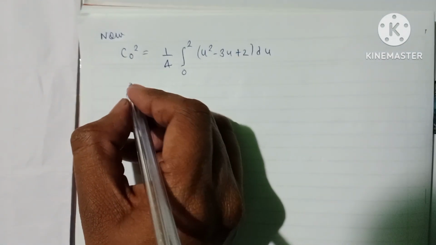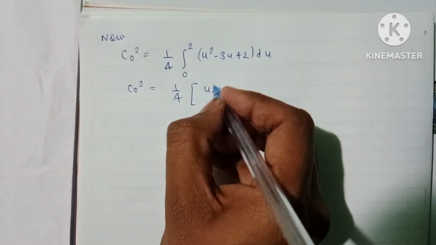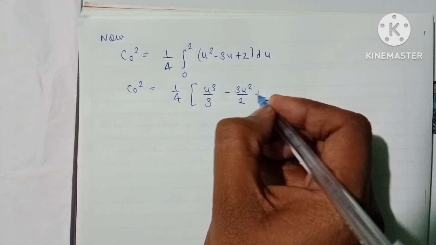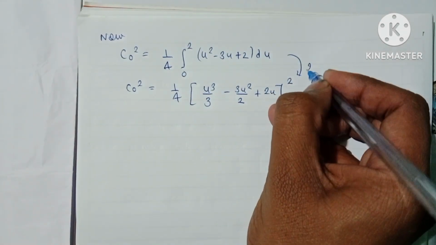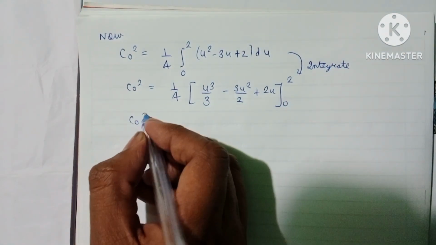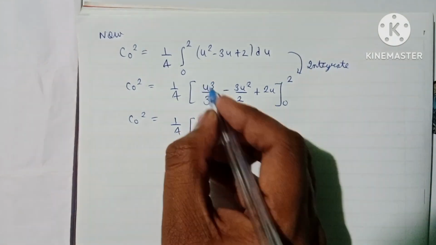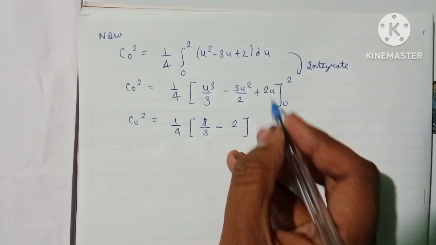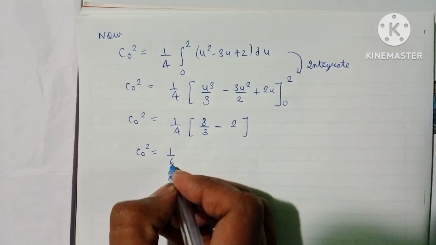Just integrate it, it becomes 1 by 4 [u cube by 3 minus 3u square upon 2 plus 2u] from 0 to 2. Now C0^2 equal to 1 by 4, putting 2 in u, which gives 8 by 3 minus 2. After solving this, we will get C0^2 equal to 1 by 6.